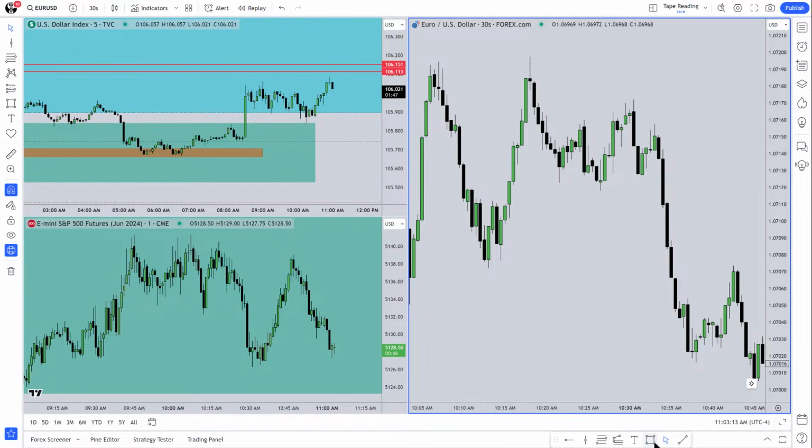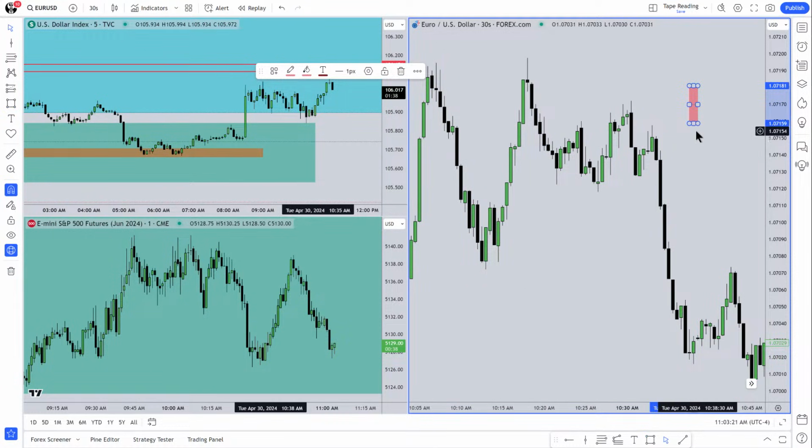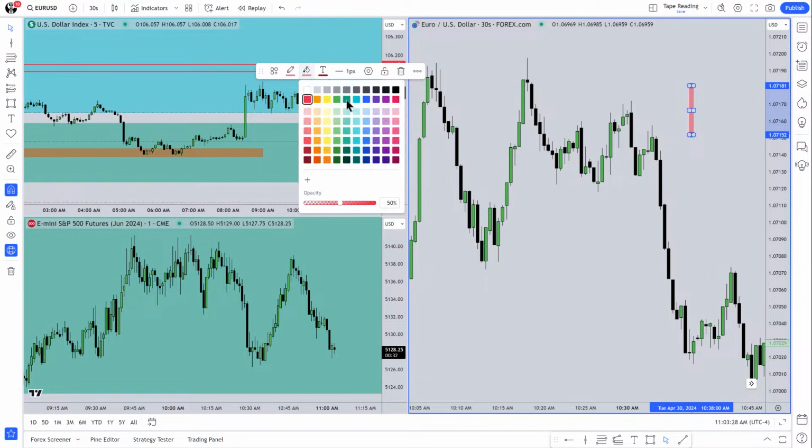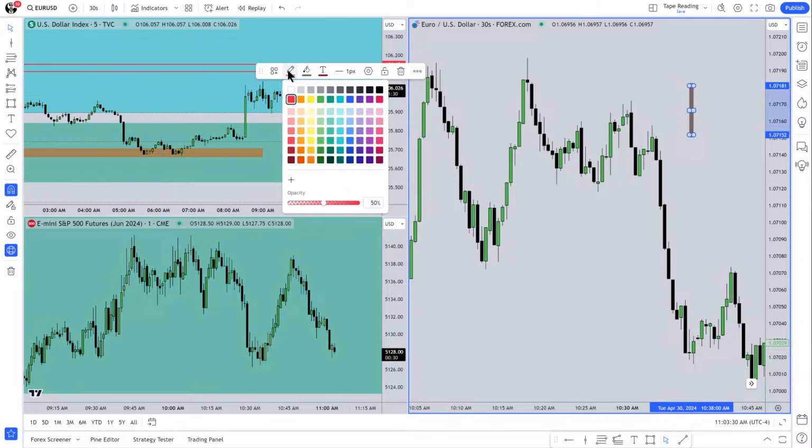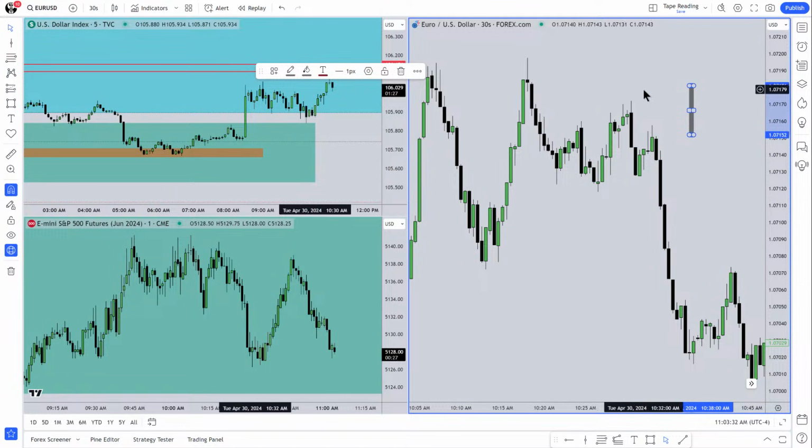See, on an island reversal, when we were just trading open, high, low, close bars, every time I start to do this, I regret starting to do it. All right, so that would look like that.